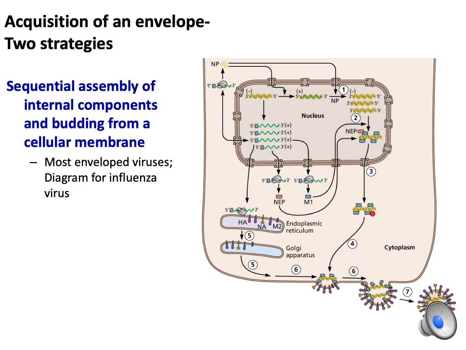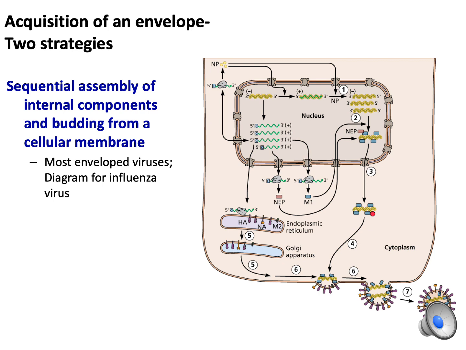Okay, so how do viruses that are enveloped get their envelope? Two different strategies. The first one, the more common one, is described using an image that shows the influenza virus life cycle.